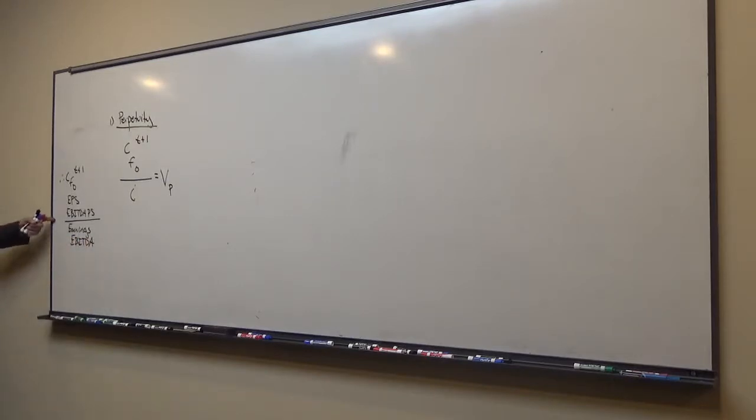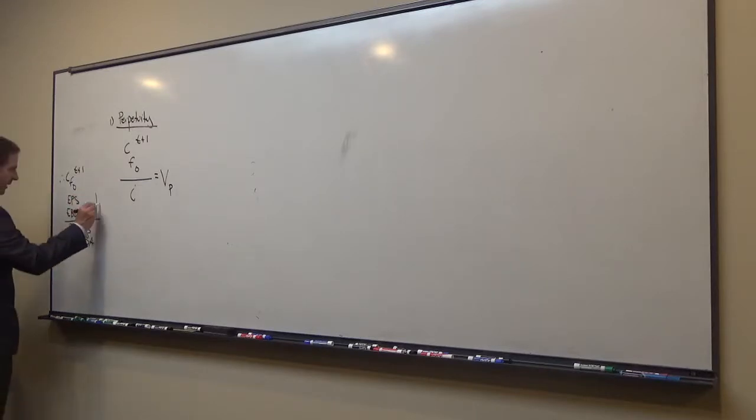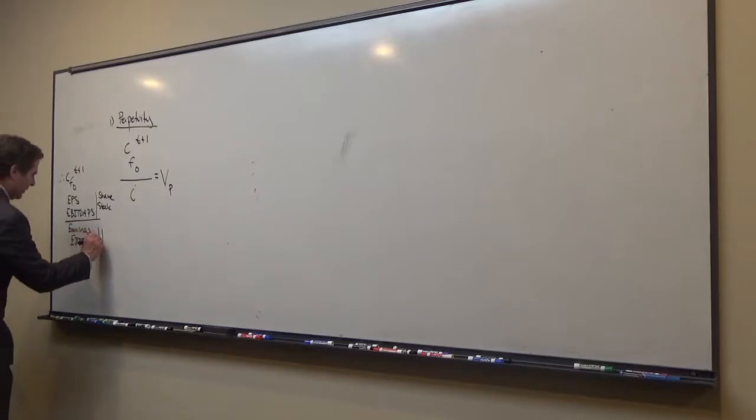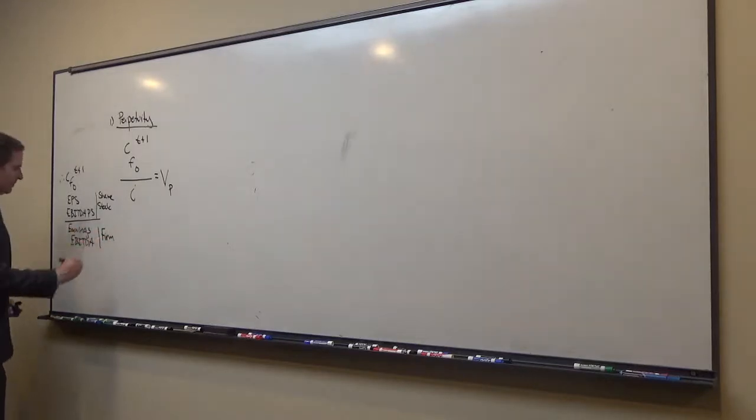If I'm doing it on a per share basis, I'm valuing stocks on a share basis. If I'm using total earnings or EBITDA, I'm doing firm valuation. Is that still perpetuity? Yep, that's all this is.